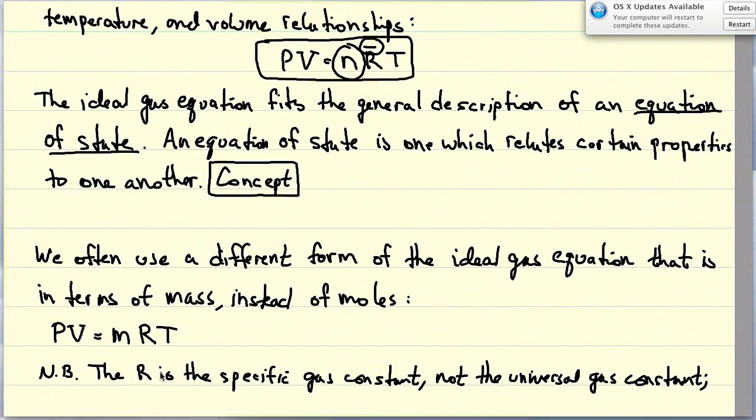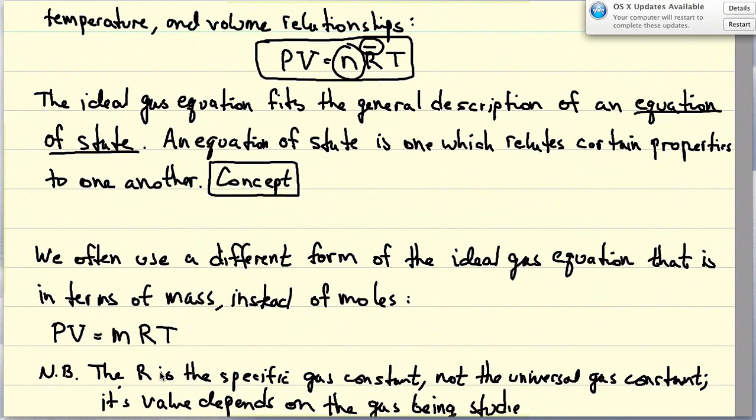And what's important to note here is that its value depends on the gas being studied. And you'll be able to look that up in tables to find out what those values are, and I'll talk about that in just a moment.